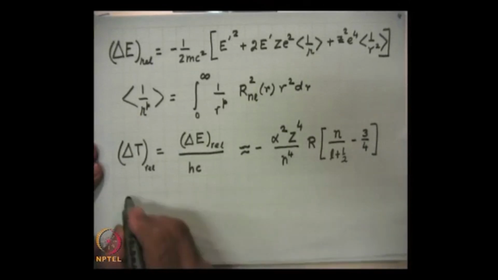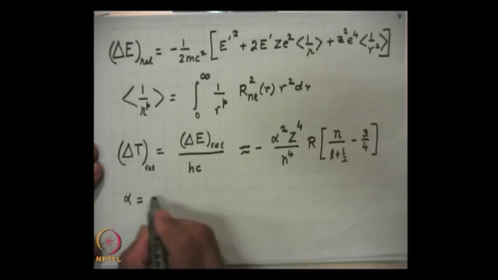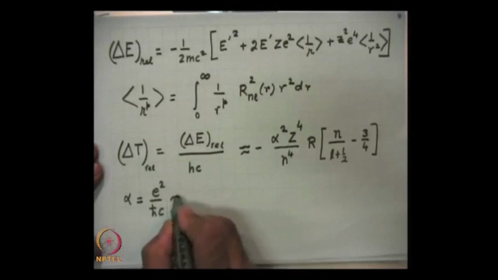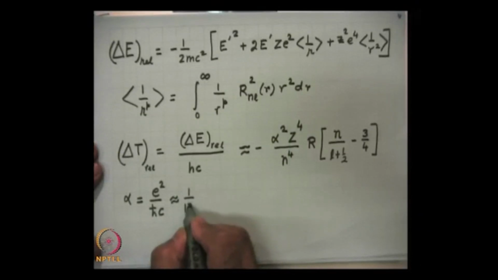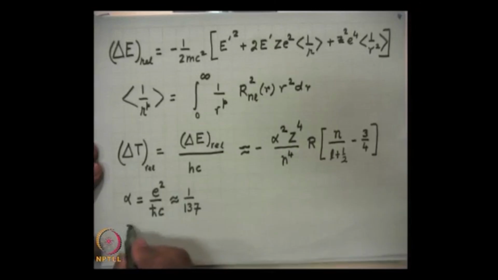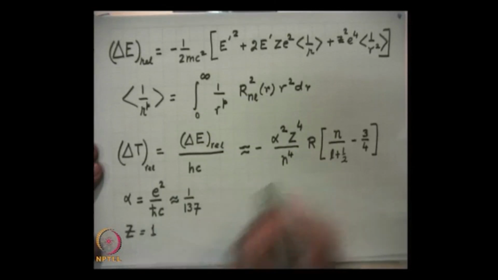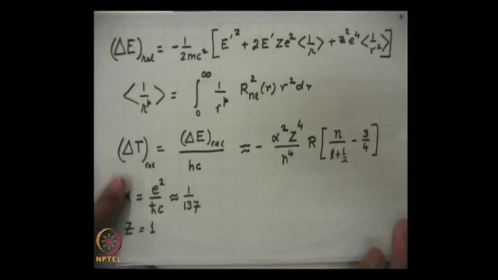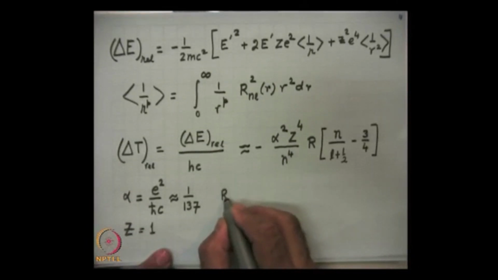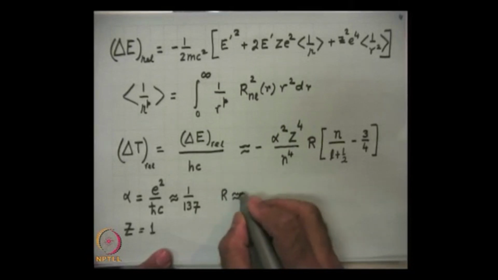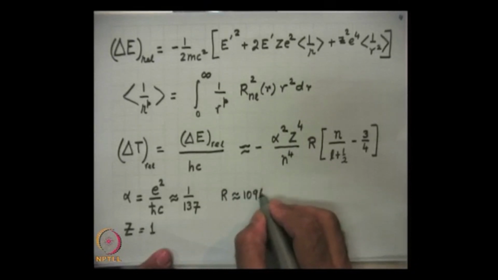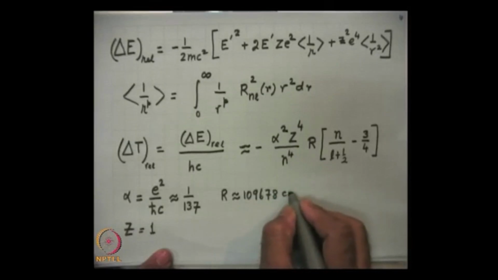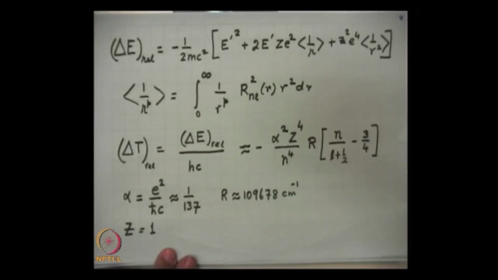Alpha we know is the fine structure constant, which in CGS units is e square by h cross c, which has a value of 1 over 137. For the hydrogen atom, Z is equal to 1, and n in the denominator is the principal quantum number, and R is the Rydberg, which for hydrogen atom is 109678 centimeter inverse.